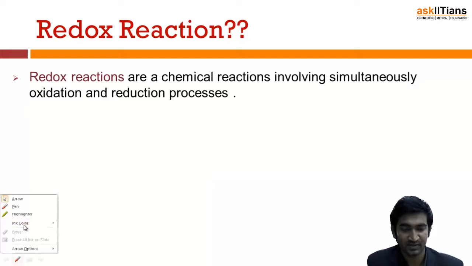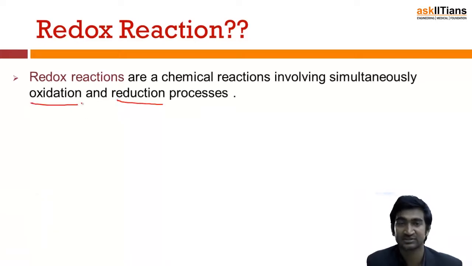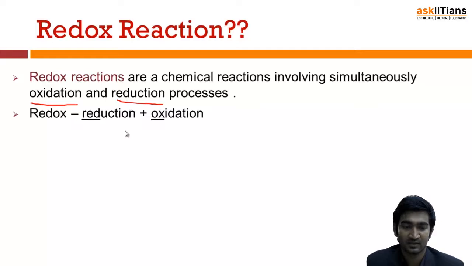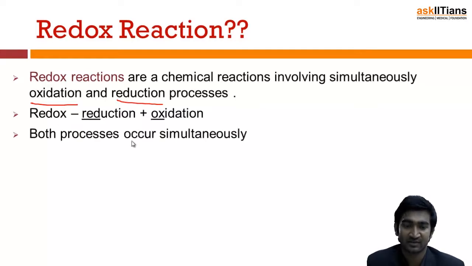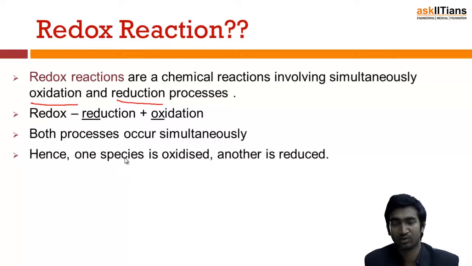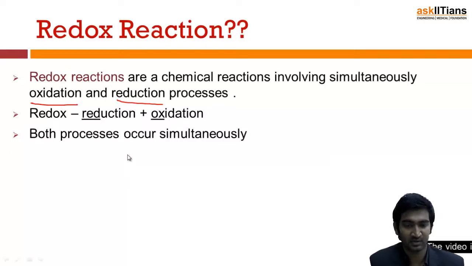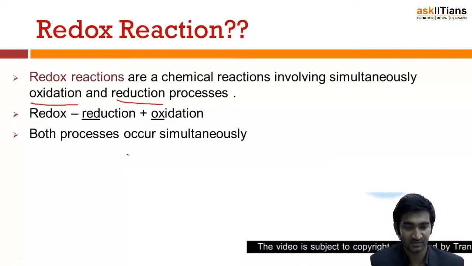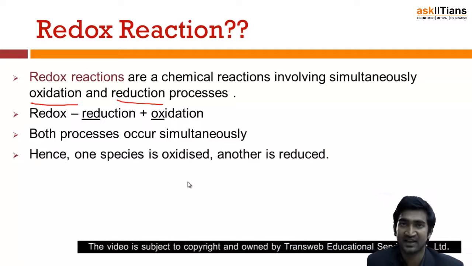So if I have reduction and oxidation processes occurring simultaneously, then I will say that it is actually a redox reaction, because it is formed from the reduction plus oxidation part, and the condition is that both processes should occur simultaneously. So one species will be oxidized and another species will be reduced.